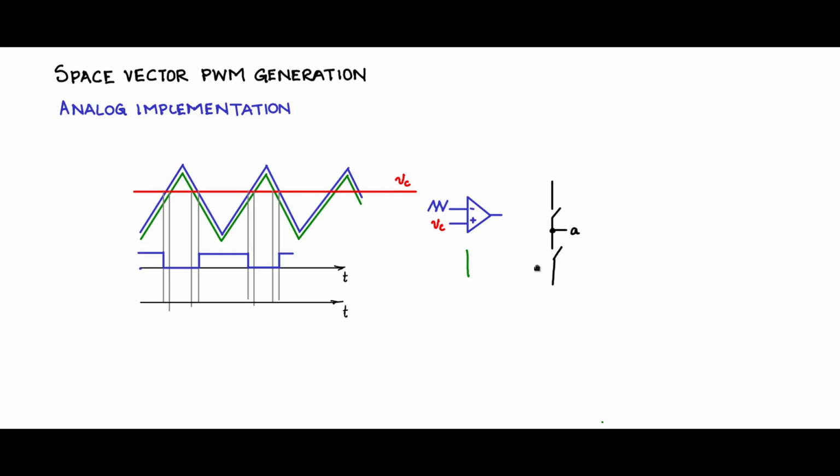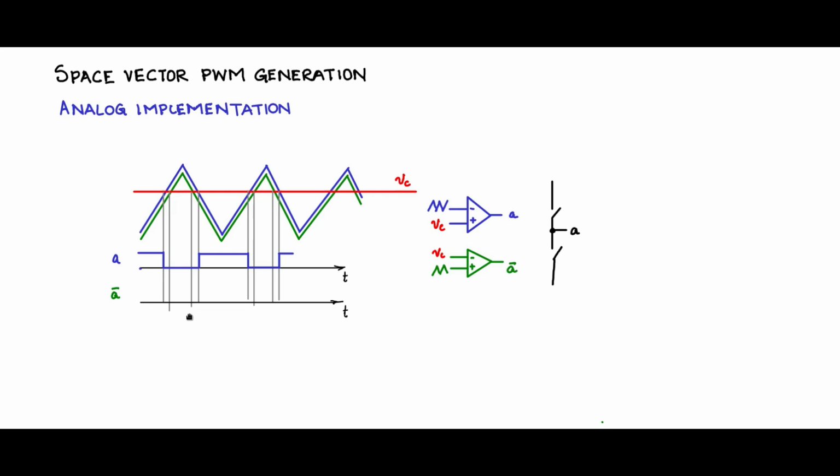Now for the bottom switch I will use another comparator like this, and now I will give minus Vc, and for the plus I will give that green triangular carrier, the one which is offset down. So if that was A, this will be A bar.